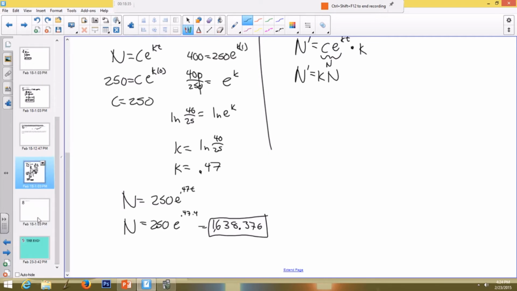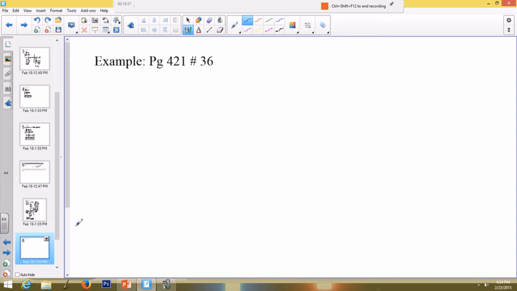All right, not bad. Number 36, it says in exercises 33 through 40, complete the table for a radioactive isotope. So this is going to be the big review question, and I'm hoping that everybody remembers all their exponential and logarithm stuff. If not, I'm going to write them down as we go.